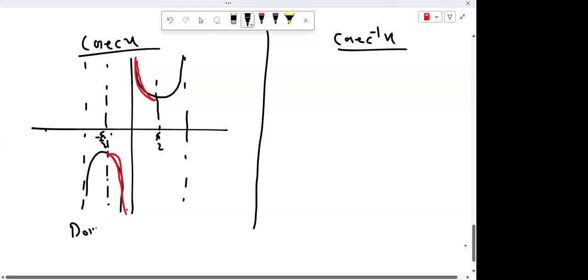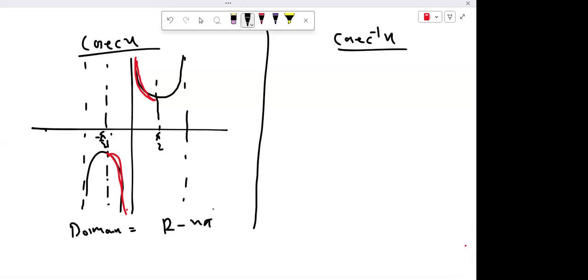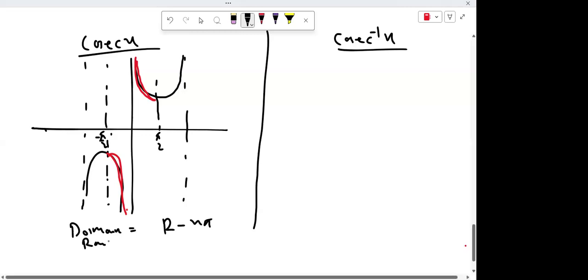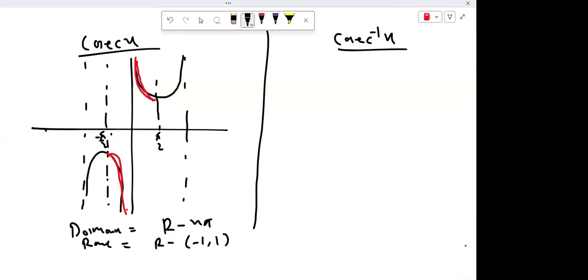So the domain here for cosec x is R minus n pi again, because if you put pi values, it becomes infinite or minus infinite. The range becomes R minus (minus 1 to 1). It cannot be minus 1 to 1. This space is vacuum.